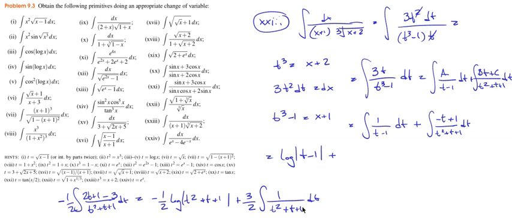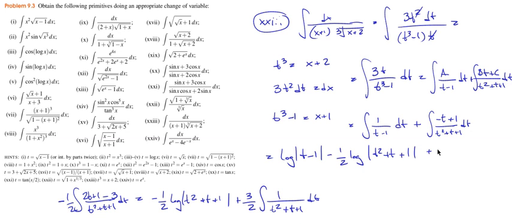And in order to do this, we need to complete the square, as usual. So let me write everything here. So this is minus 1/2 of the logarithm of the absolute value of this, right?